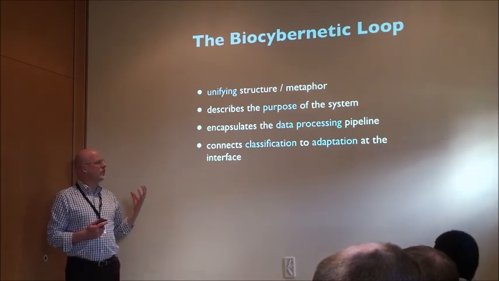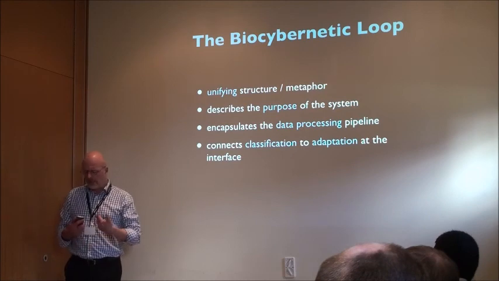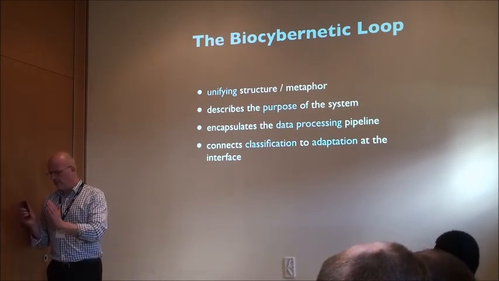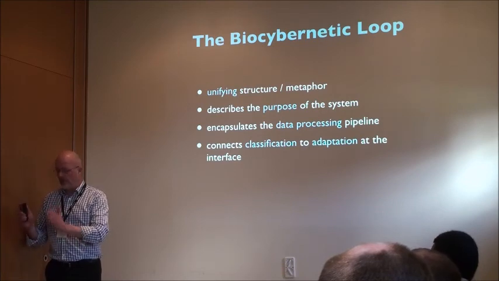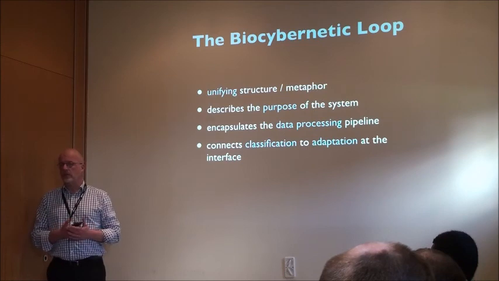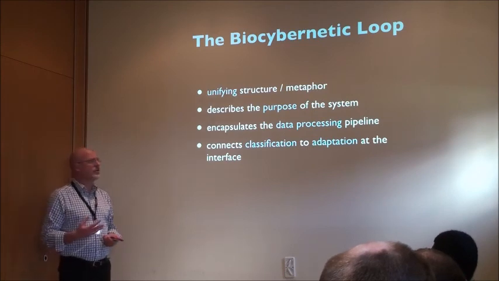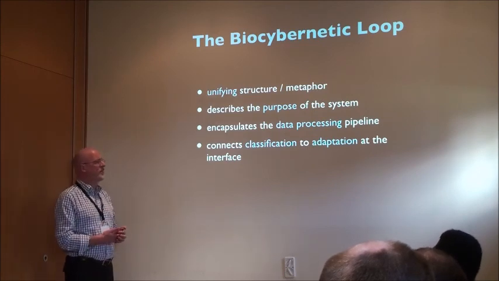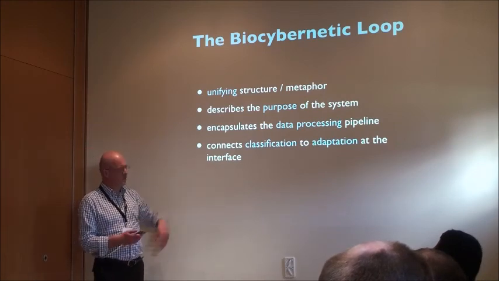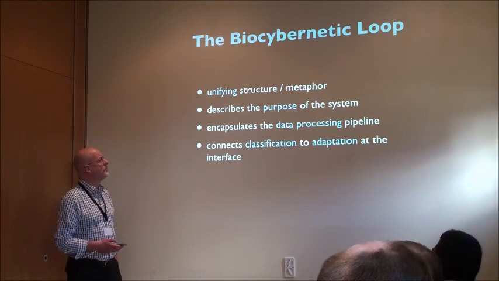And what it also does is that it connects the active classification, by which I mean when we classify someone into a state of, say, high stress or low stress, to adaptation at the interface. So the interface has got to adapt in a way that is appropriate, but the way it can adapt is limited by the way that we classify different states.